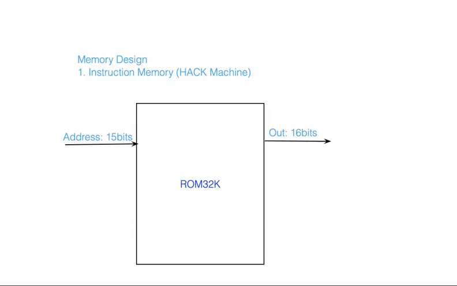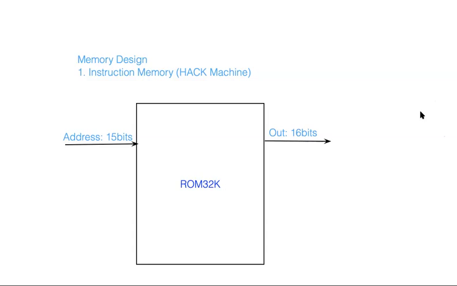I take the 15 bits because the leading bit is 0, so I just eliminate the 0. The next 15 bits is the address from the A instruction. Then I can get a 16-bit out, which is the C instruction, so I can get the next instruction. Okay, so this is for the instruction part.